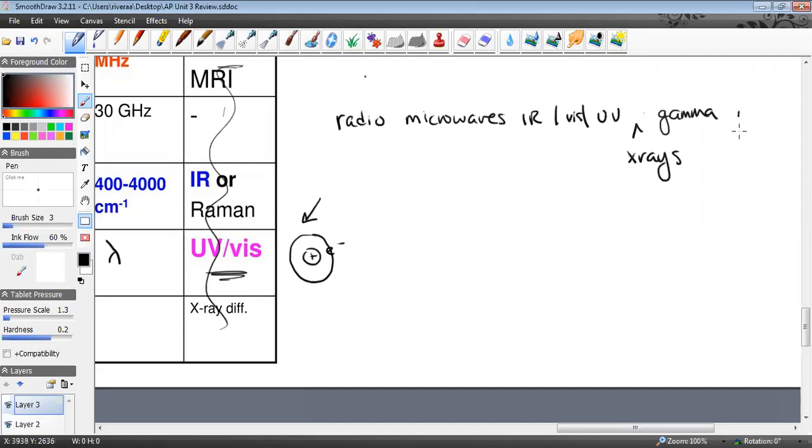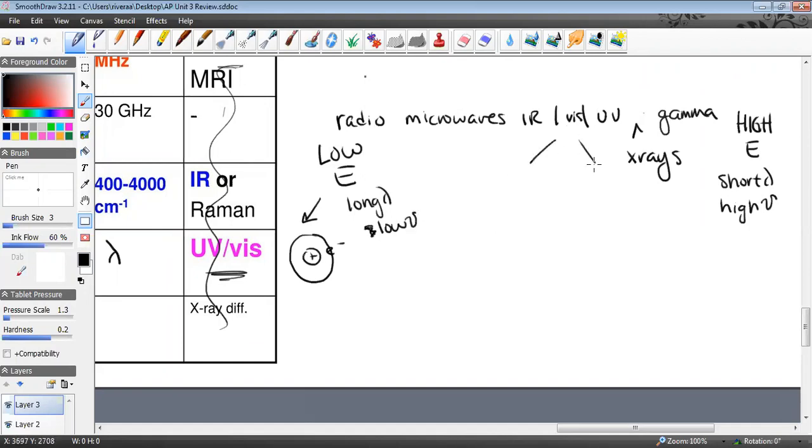Okay, so down here is the high energy end of your spectrum, where you have short wavelengths and high frequency. And the other end is your low energy end, where you have long wavelengths and low frequency. Your visible light, of course, is a range of colors, your ROY G. BIV. Your red light is your lower energy light and your violet light is your higher energy light.